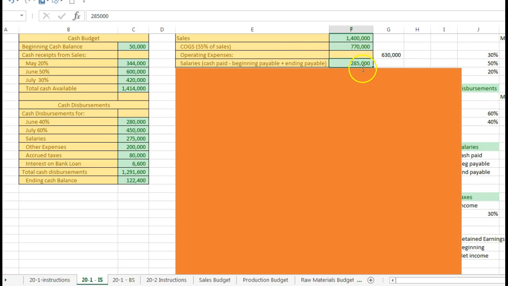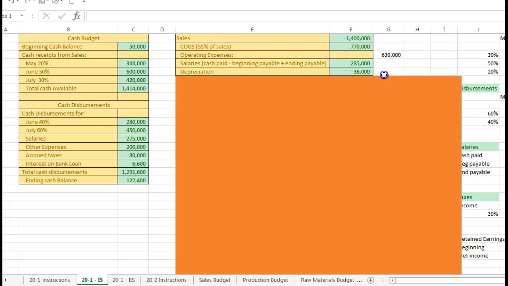There was a difference of $10,000, so instead of $275 in cash, we actually have $285 because $10,000 of that is in the salaries payable.